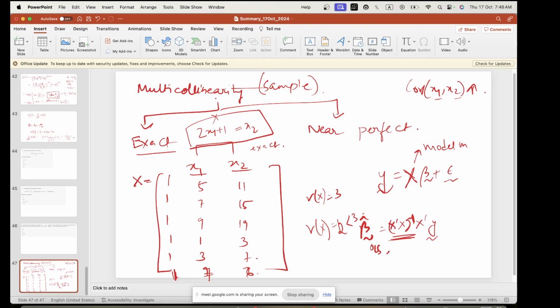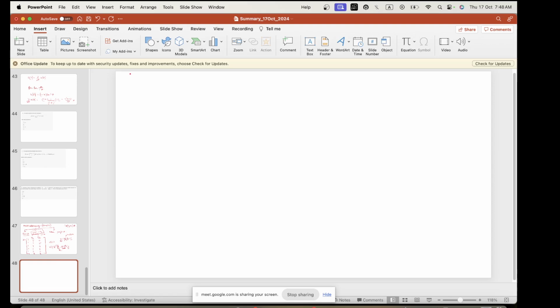Other problems associated with multicollinearity are that when you are testing hypothesis H0 versus H1, you will have higher error rates, in the sense that you will be rejecting H0 falsely.